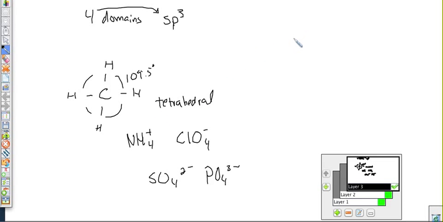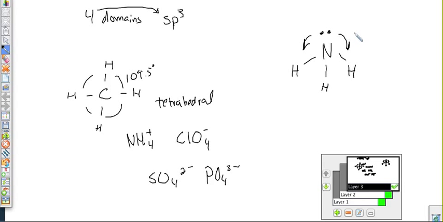Now, if you end up with a situation where you have like NH3, so NH3 is bonded to 3 hydrogens. So this is ammonia right here, and then it also has 1 lone pair here at the top. And so that's going to form a little bit different shape because this, remember, will repel these more.